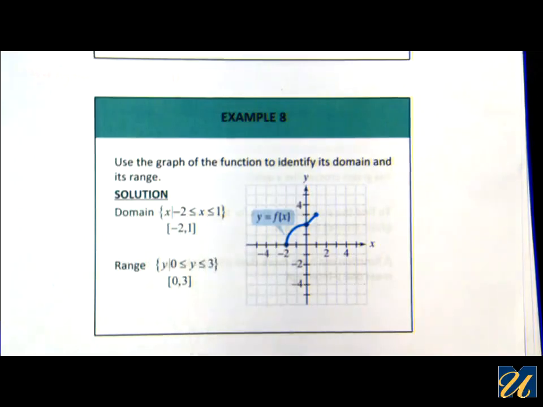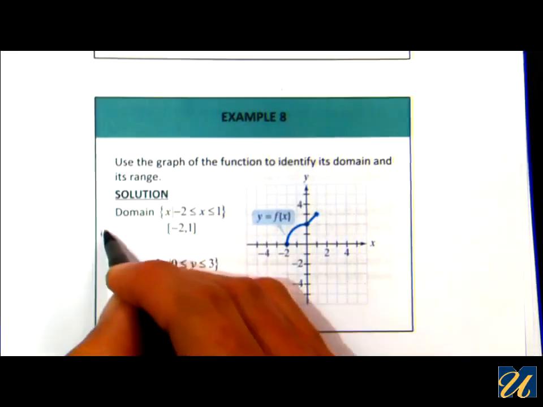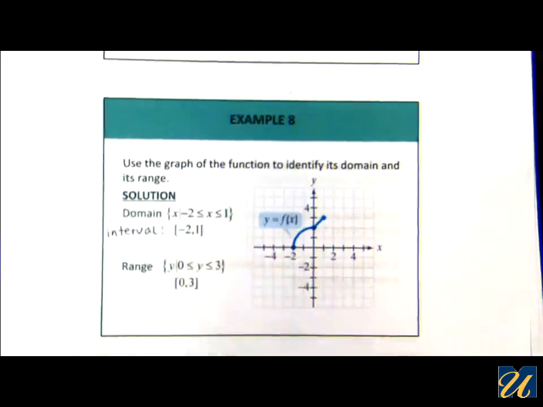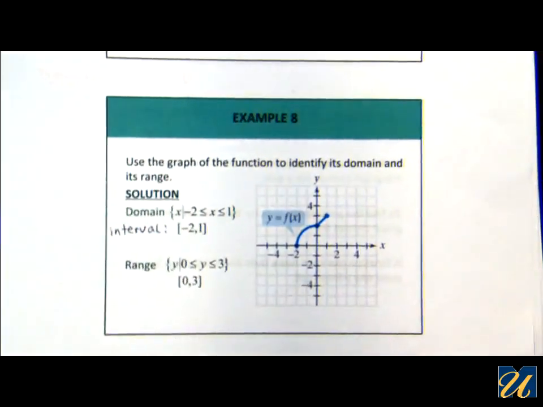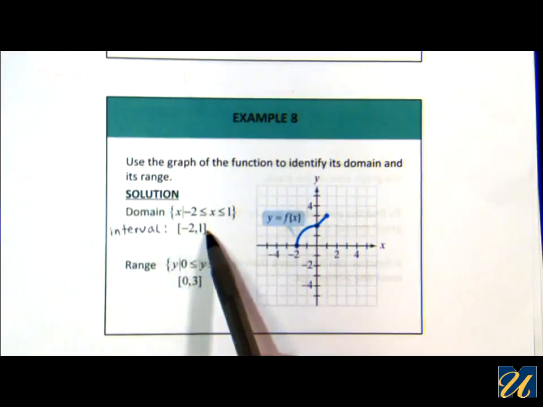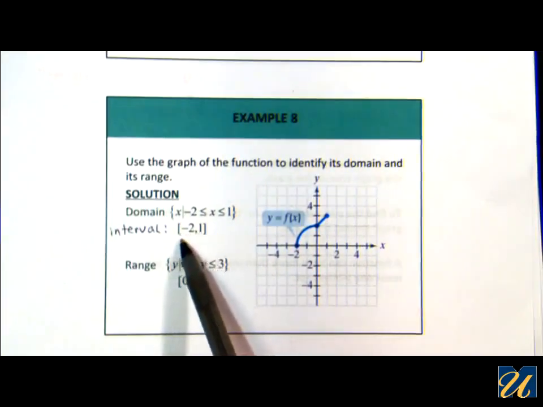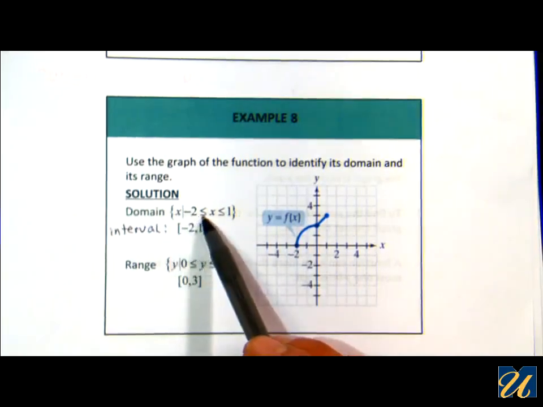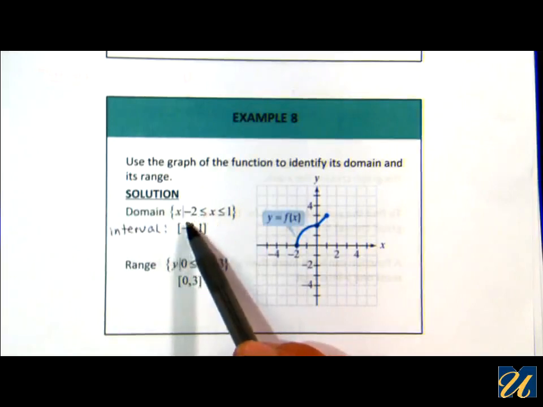A different way to write that here is with interval notation, and this is the most common notation used in higher level math. This indicates the leftmost value and the rightmost value. Including, which is a solid dot on the graph, is including here, equal to with the inequality, which means a closed bracket, square bracket here.